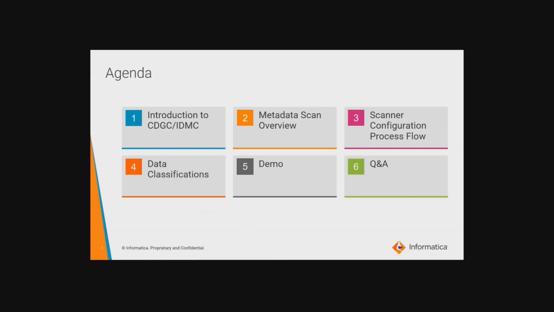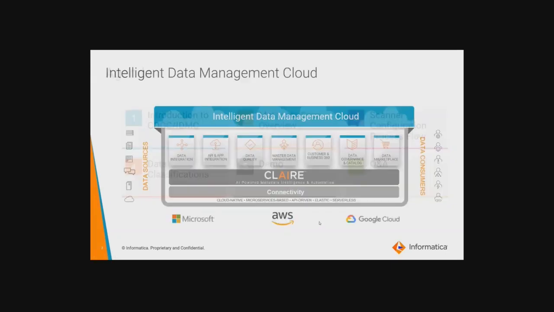So with this, let's get to the first topic we have today: the introduction to Informatica's Intelligent Data Management Cloud and Cloud Data Governance. The Intelligent Data Management Cloud is a big umbrella under which different data management capabilities or services are provisioned.